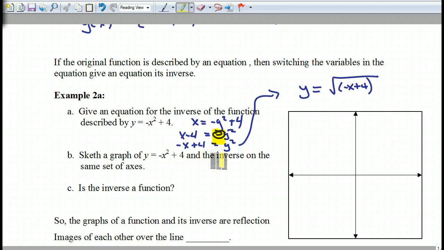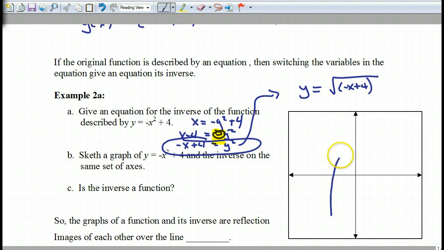Okay, one thing I want to point out is that because of the nature of this, really the full equation is this one right here. This is the actual equation without taking the square root. So if I were to draw this again, remember the first graph had something like this.